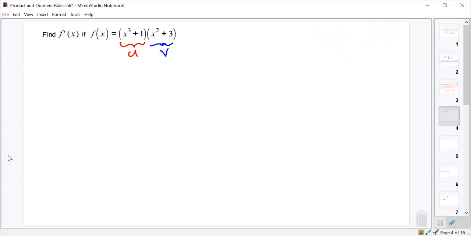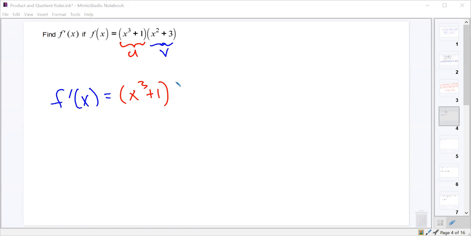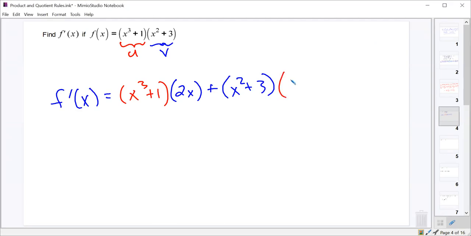So our derivative, f prime of x, should be u, according to the product rule, times the derivative of v, and what's the derivative of x squared plus 3? 2x. 2x, right, plus v, which is x squared plus 3, times our derivative of u, which is what? 3x squared. 2x squared. Good.